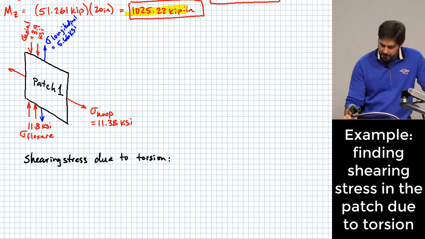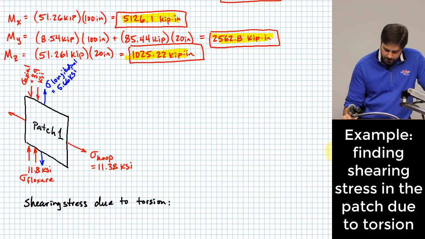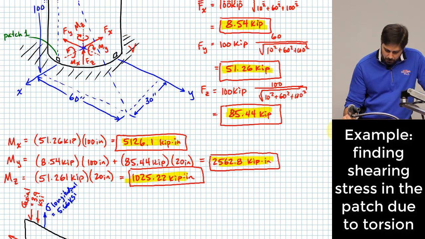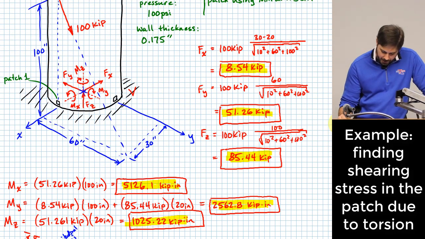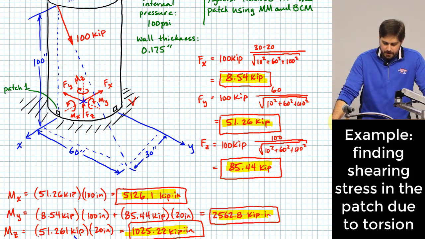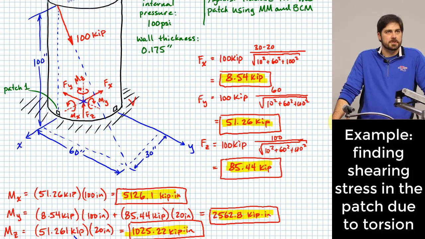Why don't we figure out the magnitude first? Which of my reaction components is responsible for the torsion? It's the one around the Z.